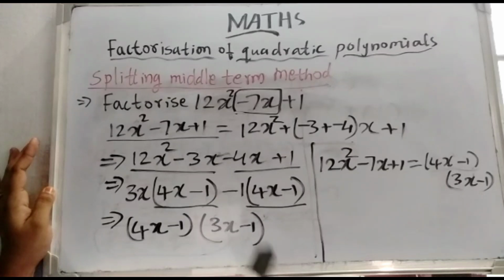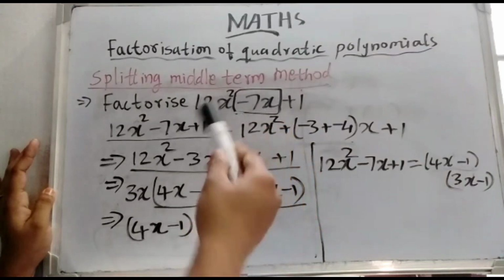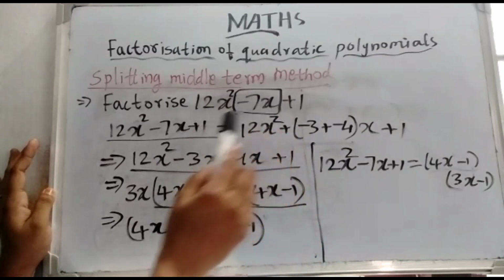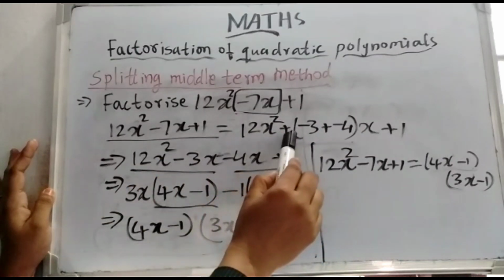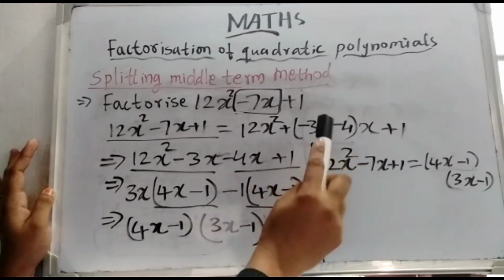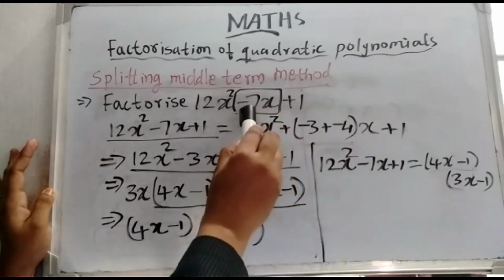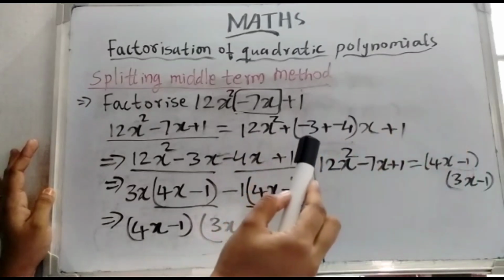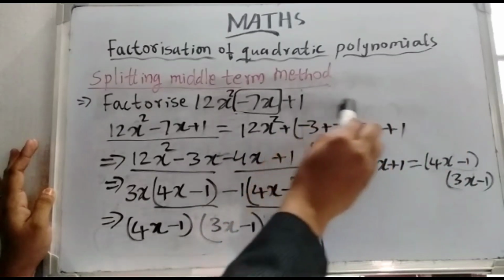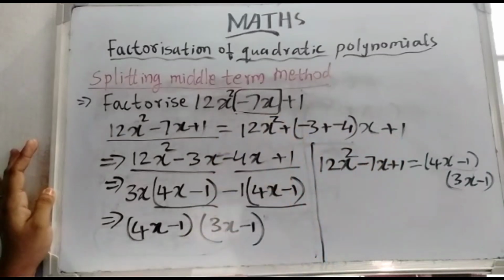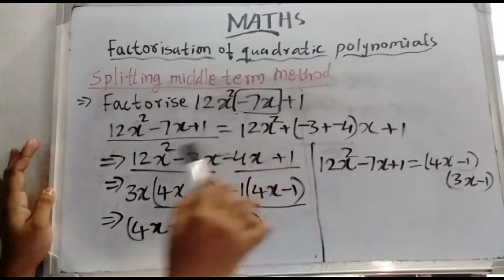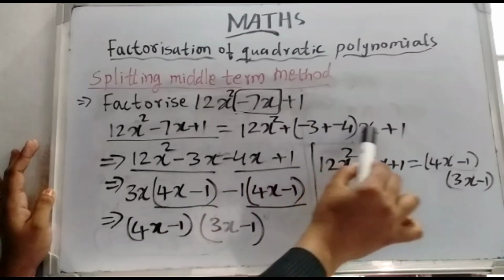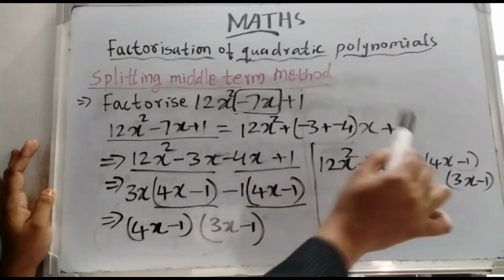Using these two numbers P and Q, we split the middle term minus 7x: 12x square plus minus 3 plus minus 4, which is minus 7, x plus 1. The only change is that we split this middle term minus 7. Then 12x square minus 3 into x minus 4 into x, that is minus 3x minus 4x plus 1.